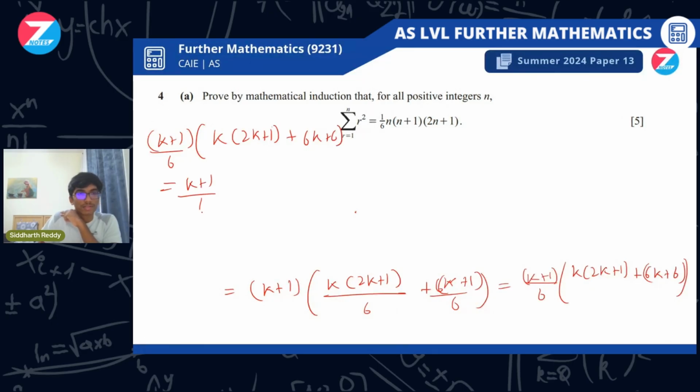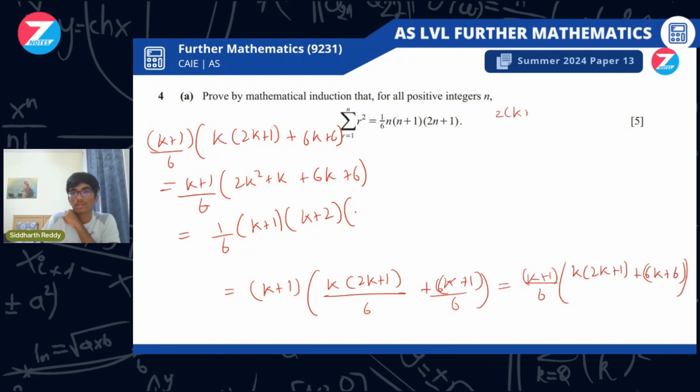This we can simplify as 2k square plus k plus 6k plus 6. And if we actually just factor this out, we get 1 by 6 into k plus 1 into k plus 2 into, so just 2 into k plus 1 plus 1, which is 2k plus 3.